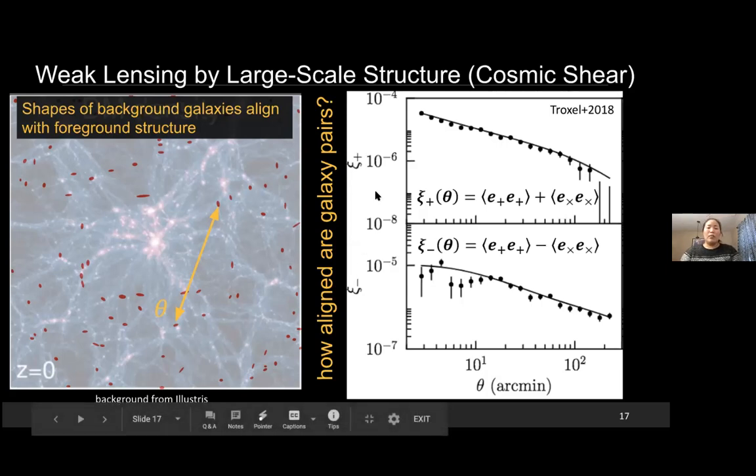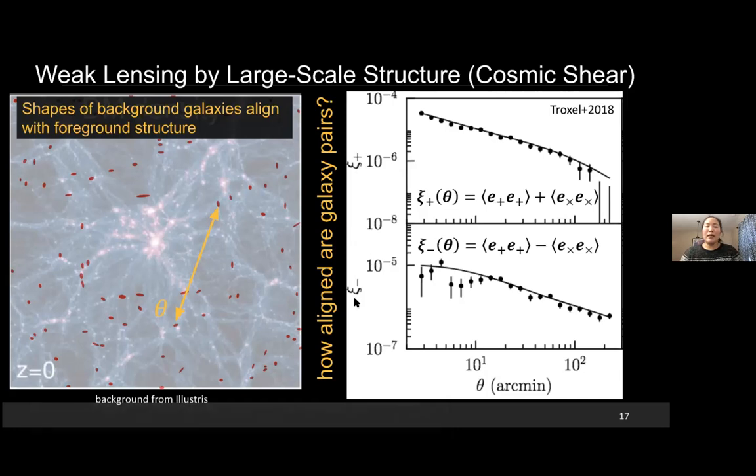And we commonly measure these two quantities, psi plus and psi minus, which tell us about how aligned these galaxy pairs are. So psi plus is a combination of, I've kind of switched notation here. This plus is the same as what I was calling tangential shear before, and this cross is the 45-degree rotated version.